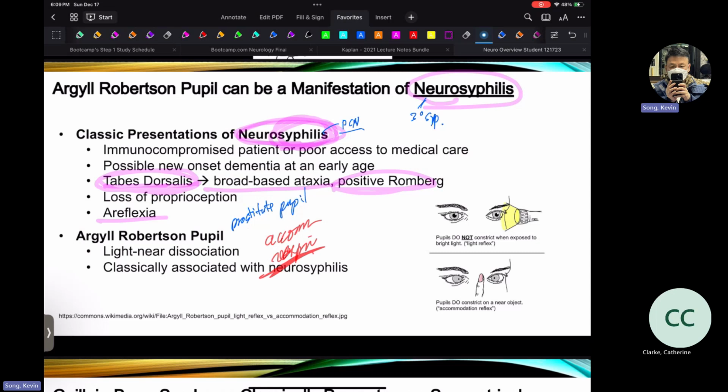So what does accommodation mean? Accommodation is kind of a not well defined term. Some books say that when the pupils constrict for a near object, this is accommodation.